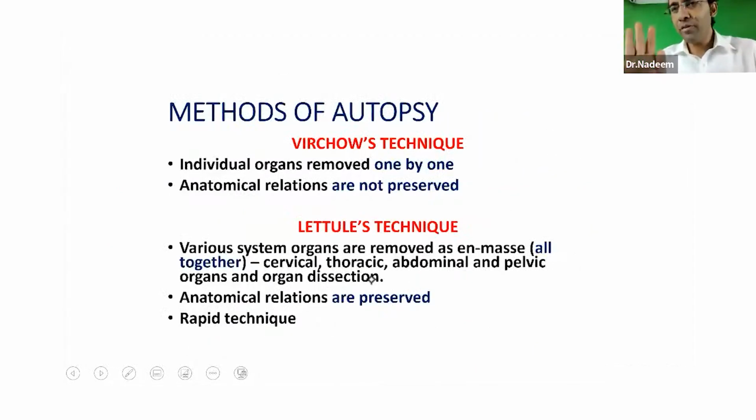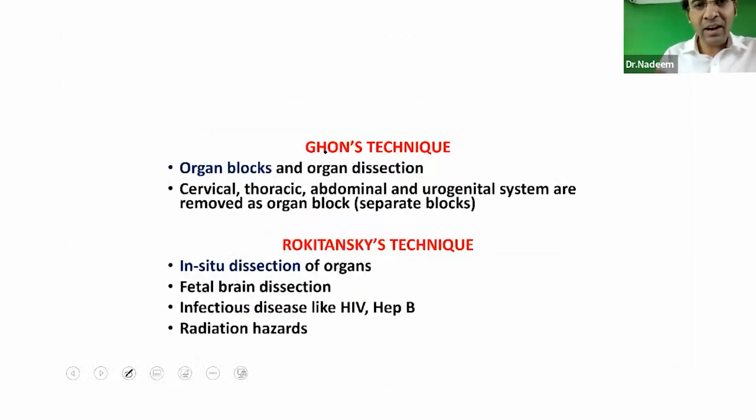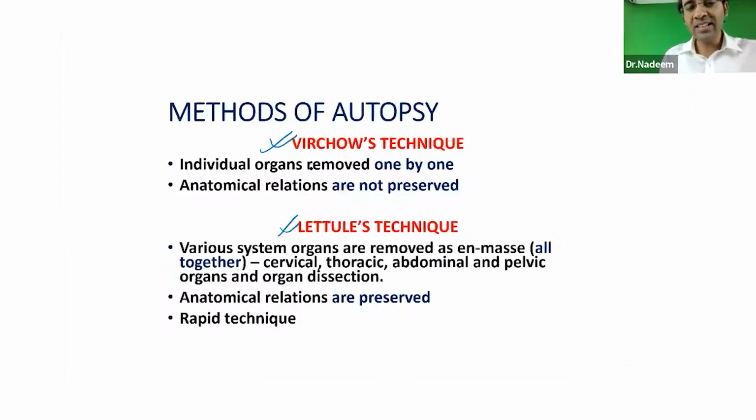Okay, fine. There are 4 methods of post-mortem examination: first the Virchow's technique, Letulle's technique, then Ghon's technique, and Rokitansky. Let's have a fast revision. In Virchow's technique, we remove organs one by one.